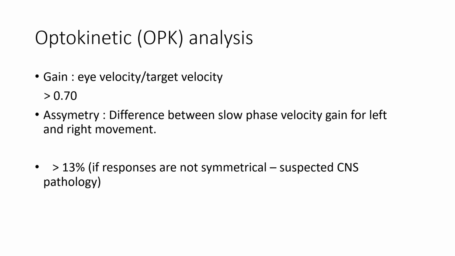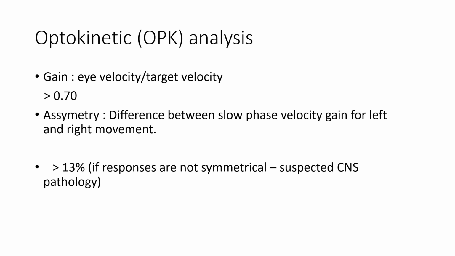Complete loss of OPK commonly happens in a patient with bilateral loss, such as a patient with antibiotic-induced ototoxicity, or in patients with a central lesion that affects the vestibular connections. Significant asymmetry may be due to central nervous system pathology, or following complete unilateral peripheral vestibular loss.